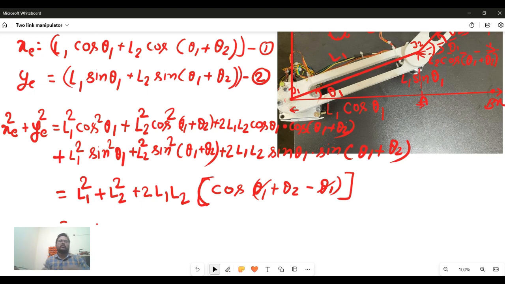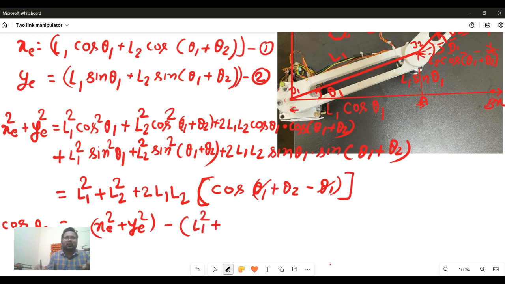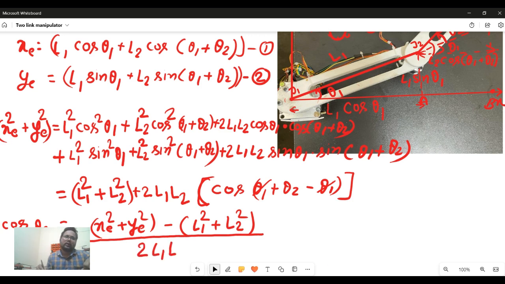Now you can easily find that cos theta 2 will be x square plus y square minus (L1 square plus L2 square), this complete expression divided by 2 L1 L2.